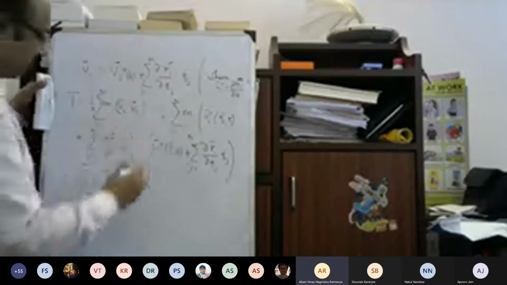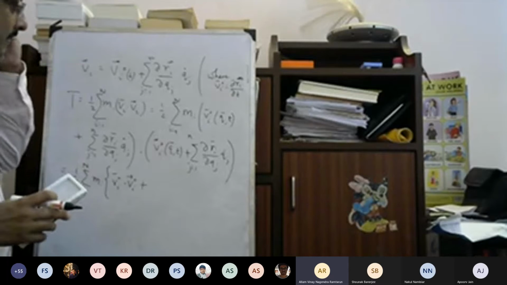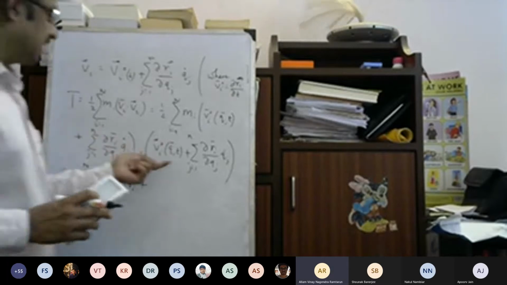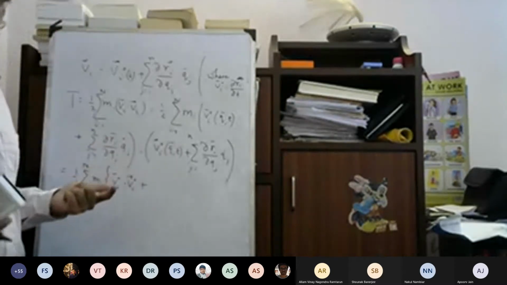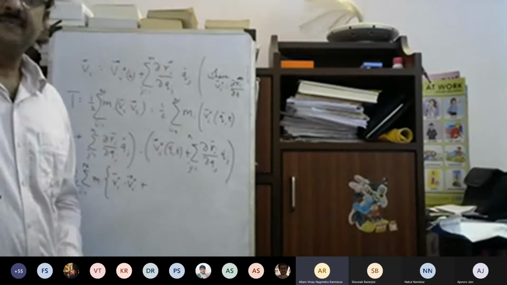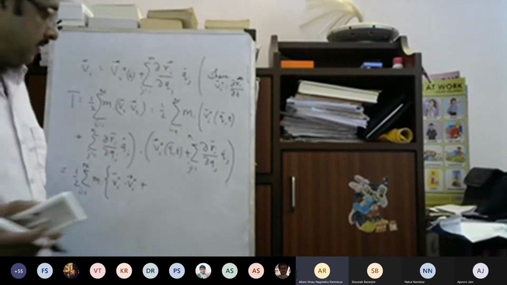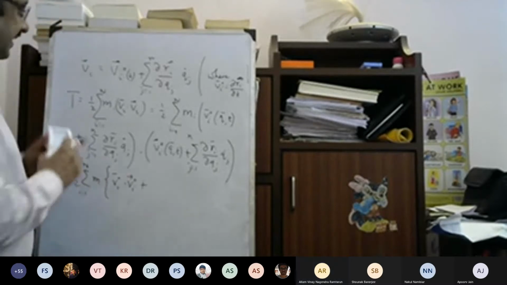Is this clear? How is vi a function of q also, sir? Because ri was a function of q1, q2, etc. But we partially differentiated, no, sir? We differentiate, but see, ri was a function of this.